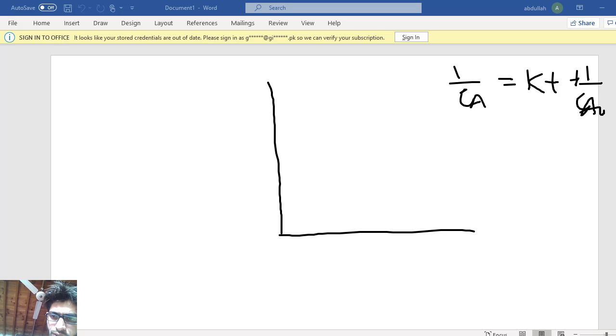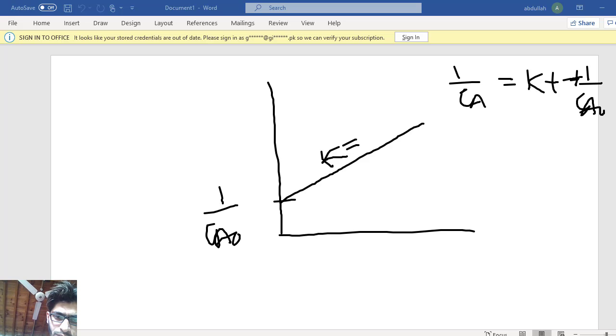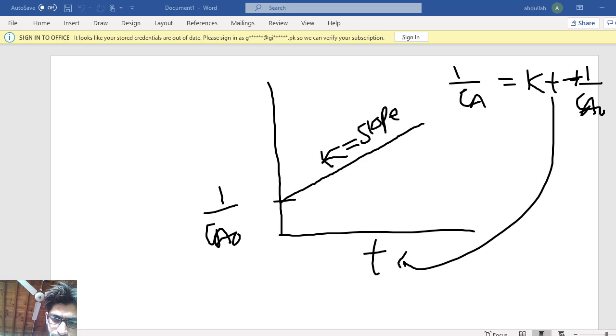Now this was the y-intercept, 1 over C_A naught, and a graph like this will be obtained. The k shows the slope of the line, and time is on the x-axis.